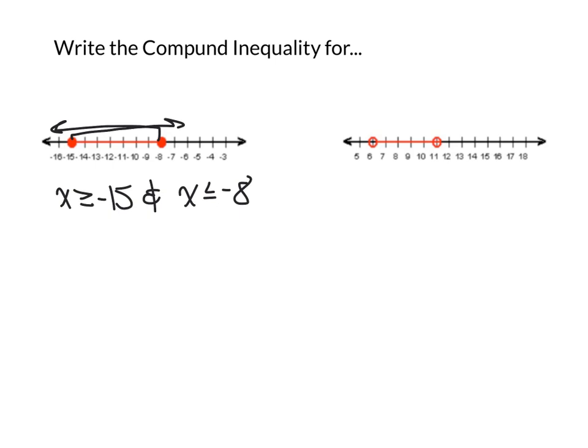Now, we don't want all those numbers, we only want the overlap. So what we do is we rearrange this first inequality by switching everything around. So -15 is less than or equal to x, and x is less than or equal to -8.